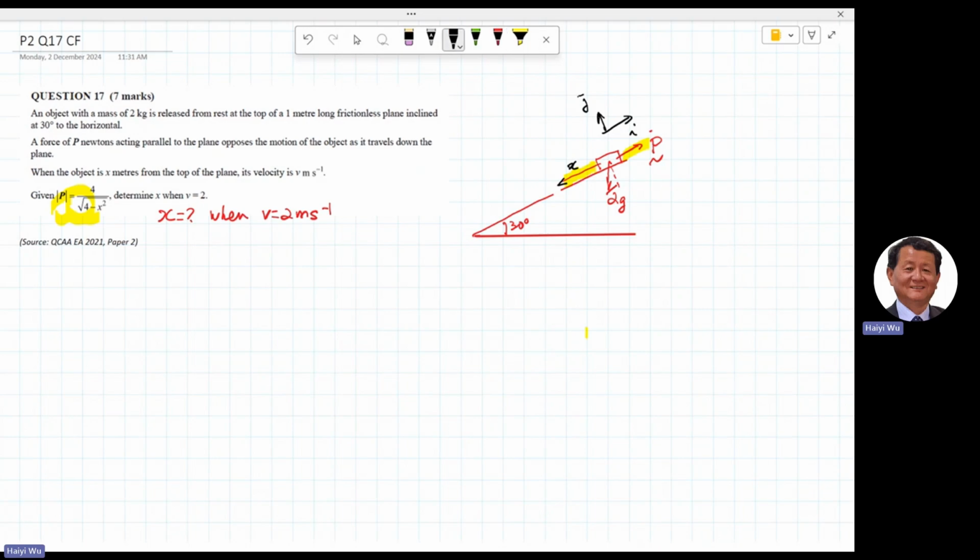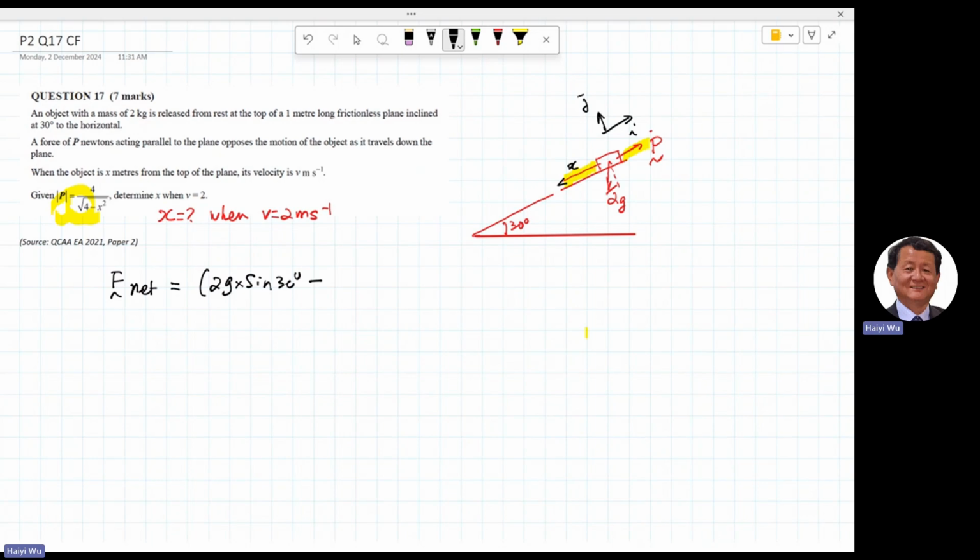All right, so let's do that. We need to find the net force vector on this object. If you look at the i component of the force, because it's downhill, we have 2g times sine 30 degrees, that's the downhill part.